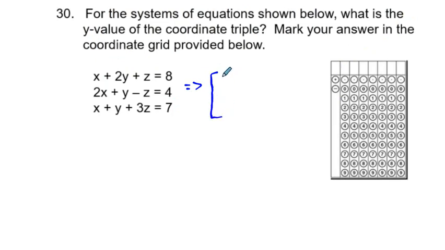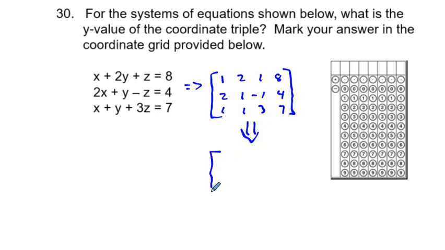If you write this out in augmented matrix form, you're going to get 1, 2, 1, 8, 2, 1, negative 1, 4, and 1, 1, 3, 7. And so our answer is going to look like this.